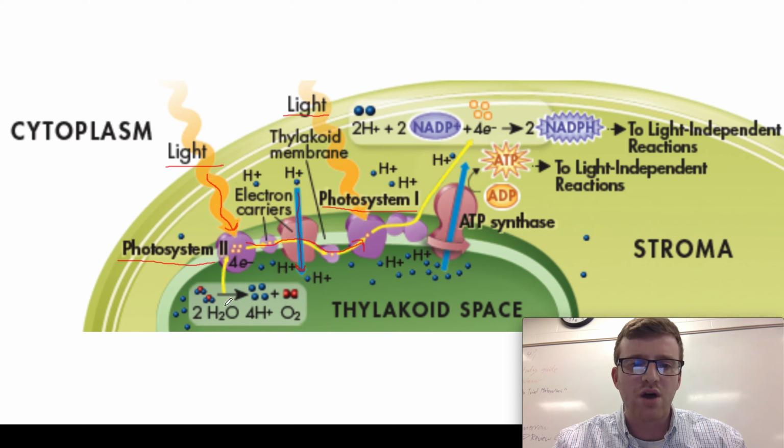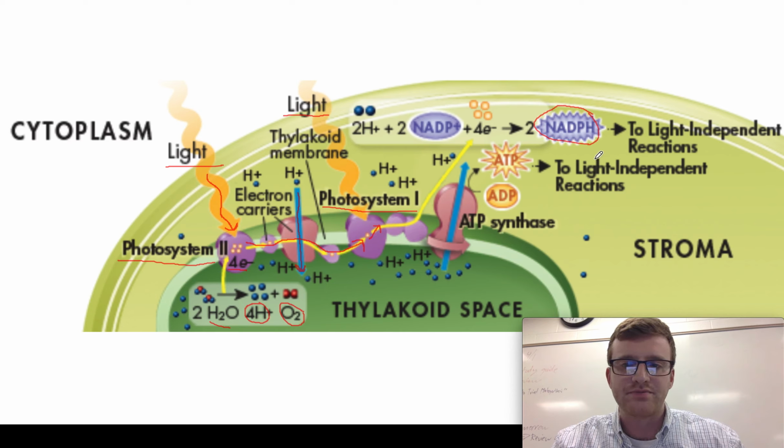So photosystem 2 is when the electron first gets energized, and that's when water splits into oxygen, and the hydrogens are now in the lumen, or the thylakoid space. Then photosystem 1 re-energizes that electron, and then it is going to be accepted by NADPH.